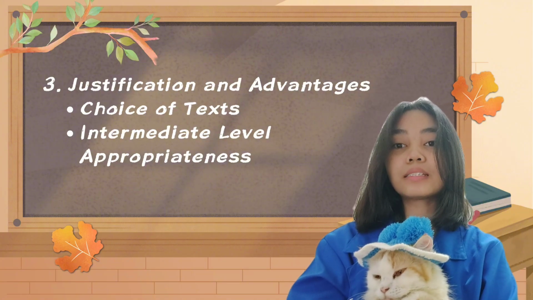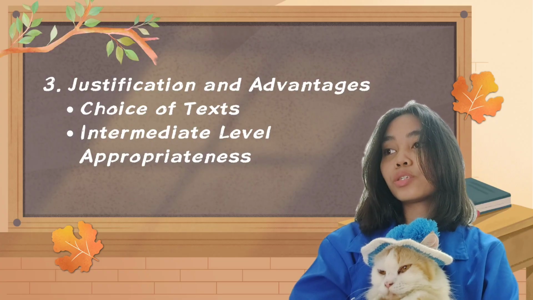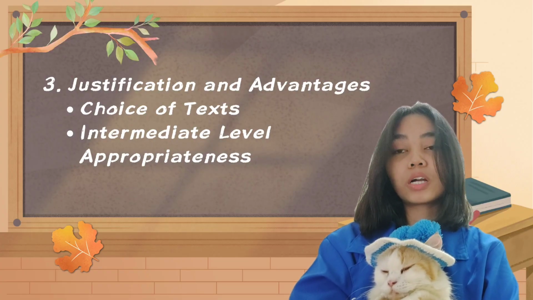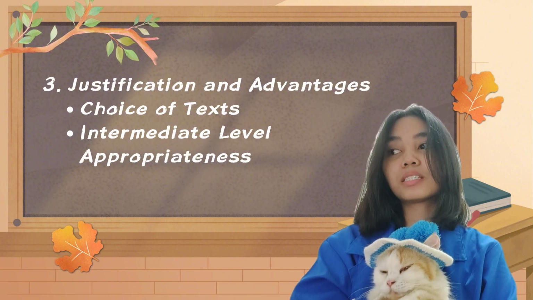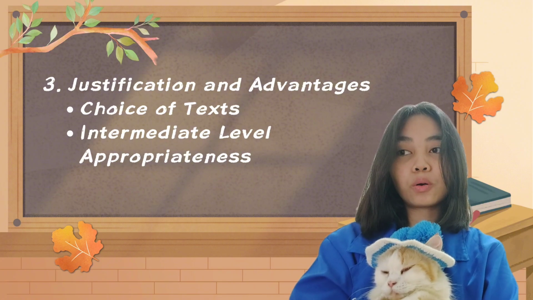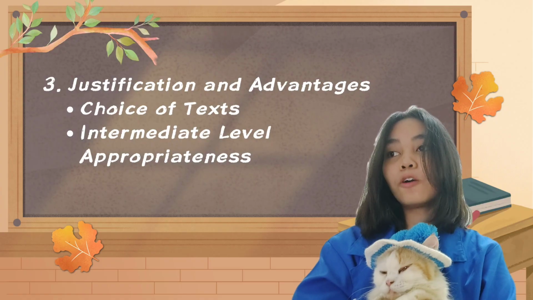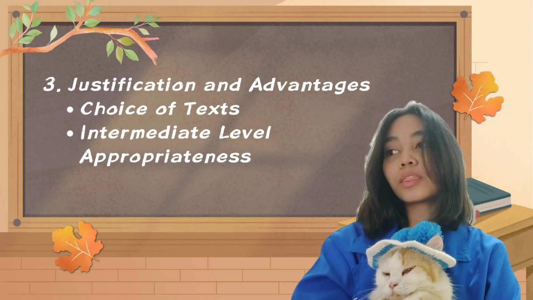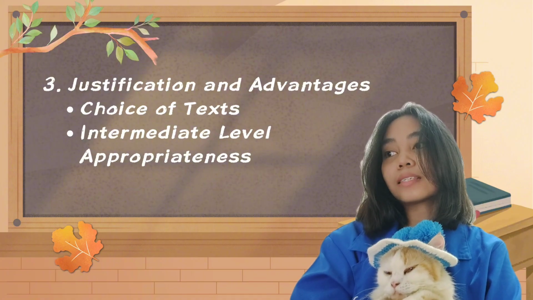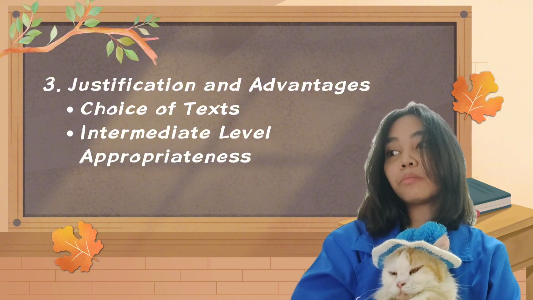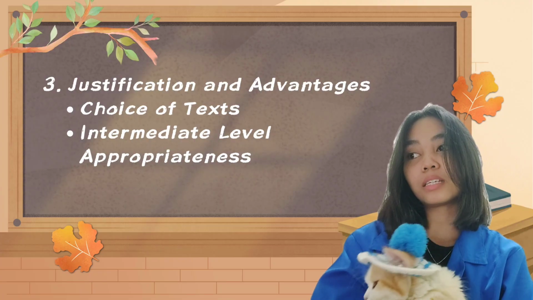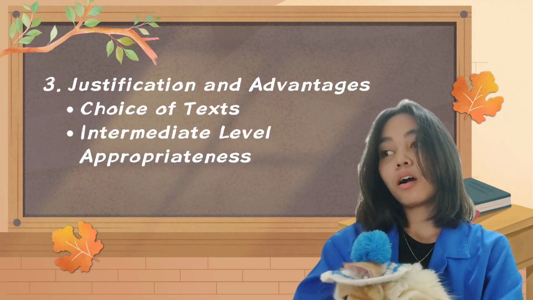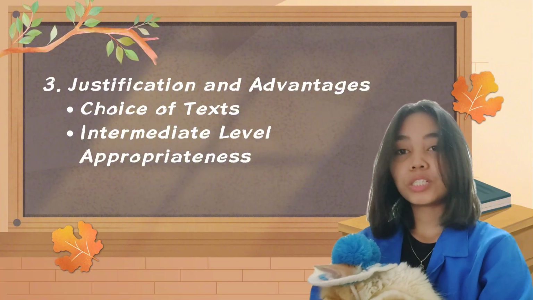Then for text number 2, we introduce a broader topic, environmental awareness, with slightly more abstract vocabulary, but still within reach of intermediate students. For intermediate level appropriateness, both texts use clear, accessible language and a mix of simple and compound sentences, aligning with the expected proficiency of students at this level.